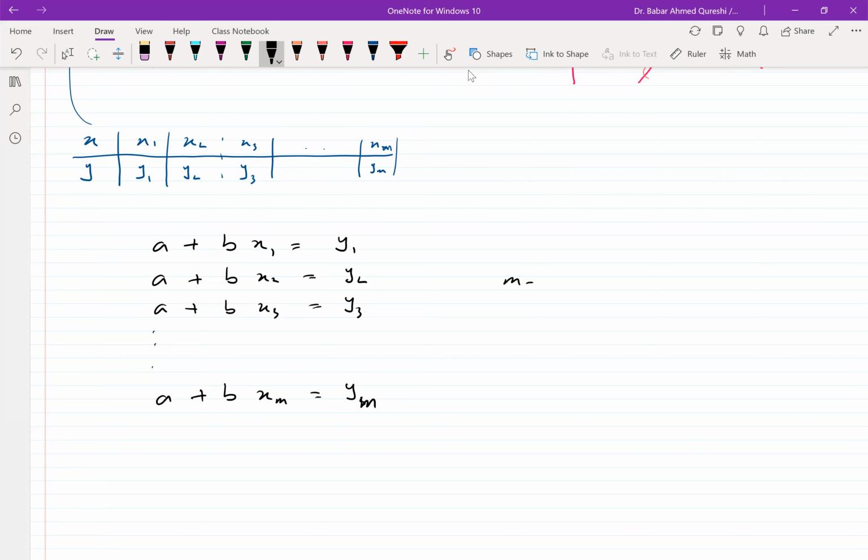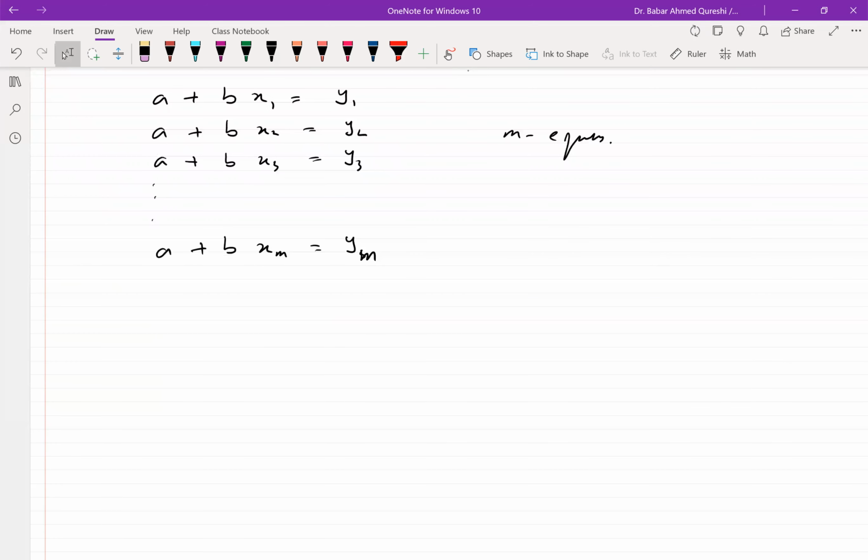You have m equations. These equations, I can give them a matrix form, because I know that these polynomials give me some kind of a vector space. So I can get these equations by writing this.